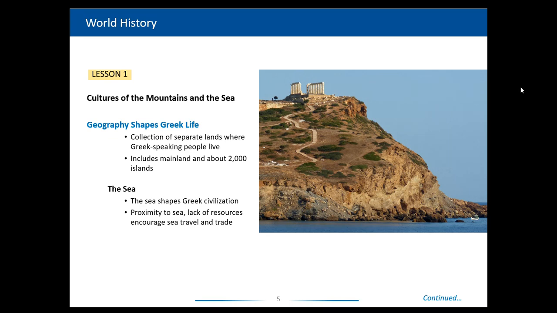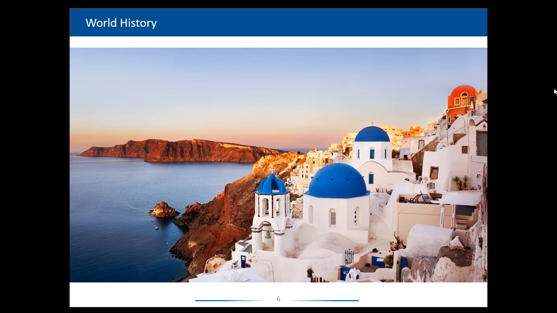The sea shapes Greek civilization, and its proximity to the sea, with the lack of resources, encouraged travel and trade. As you can see, the topography or the environment of Greece is rocky, hilly, mountainous, and surrounded by salt water or seas.